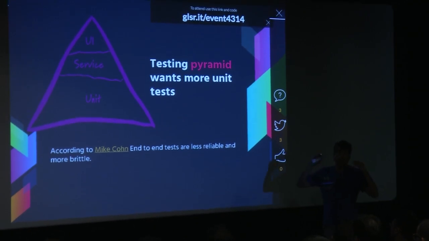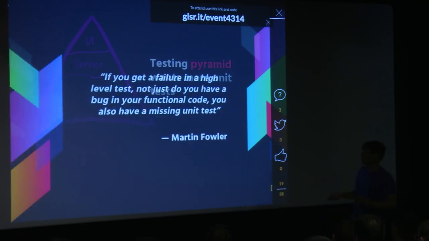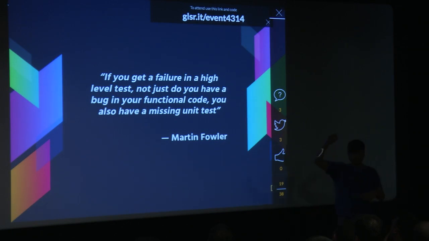But you want more unit tests than integration tests, right? So the base of the pyramid is unit tests. You want a lot of them, because if you have a failure in the high-level test, that means that it got passed through the unit test layer. So you need to fix it there and there, right? So unit tests for the win.